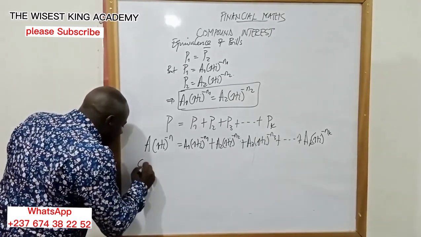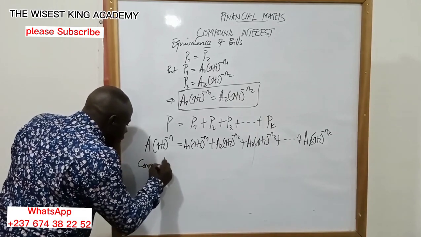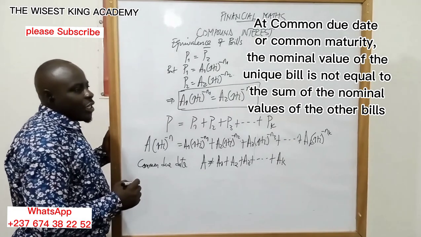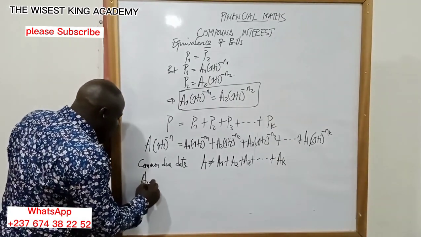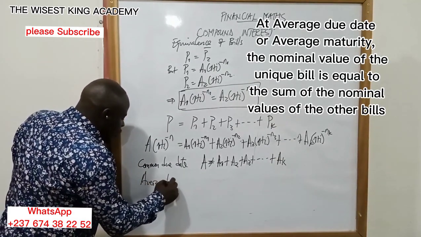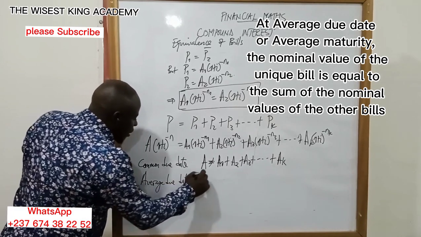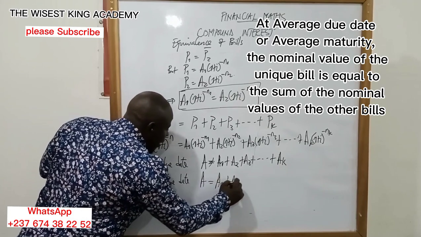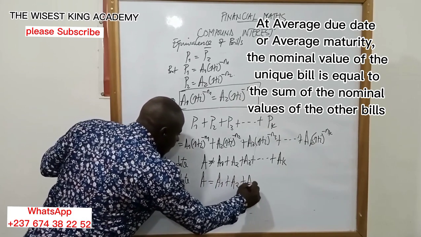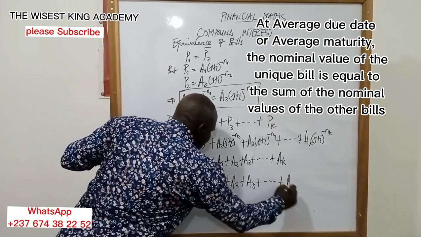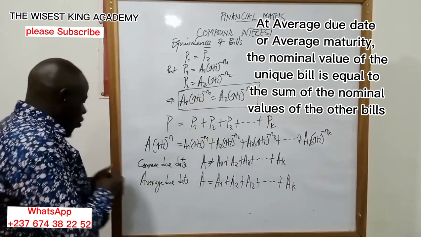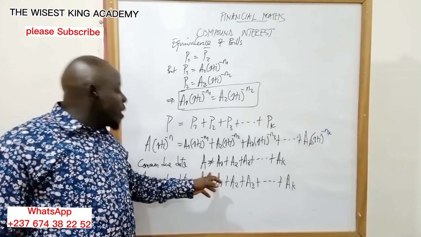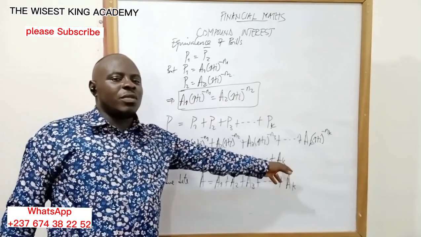At common due date, what they call common maturity, the nominal value of the single bill is not equal to the sum of the nominal values of the other bills.